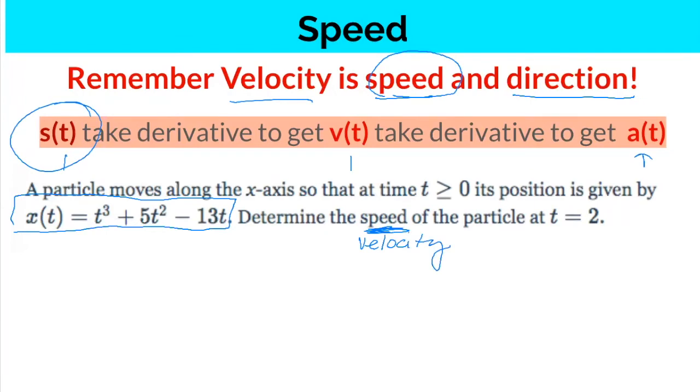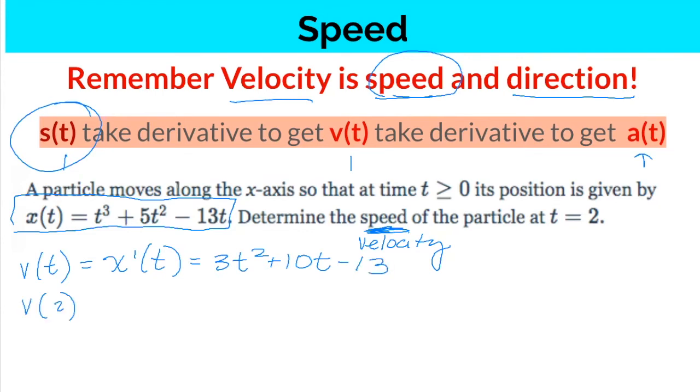So we can say velocity is the same as taking the derivative of the function. So we're going to say 3t squared plus 10t minus 13. And now we can plug in 2. We're just plugging in 2. So 3 times 2 to the second power plus 10 times 2 minus 13.